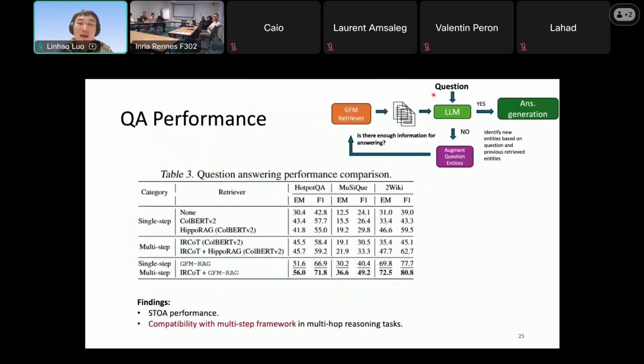Our method here shows a very toy example of how we can combine our method with the LLM. If the LLM finds that the retrieved documents are not relevant, then maybe we need to revise the question and retrieve some new information for the final answer generation.